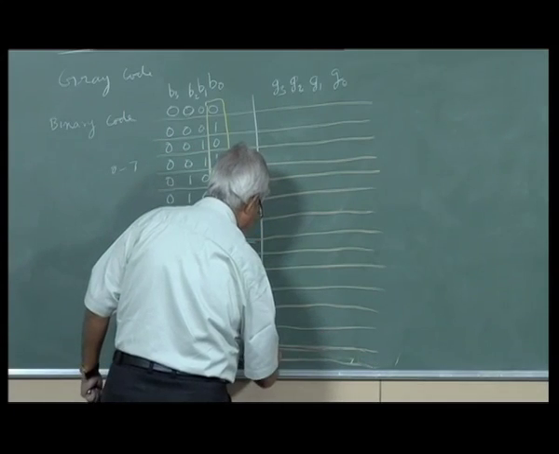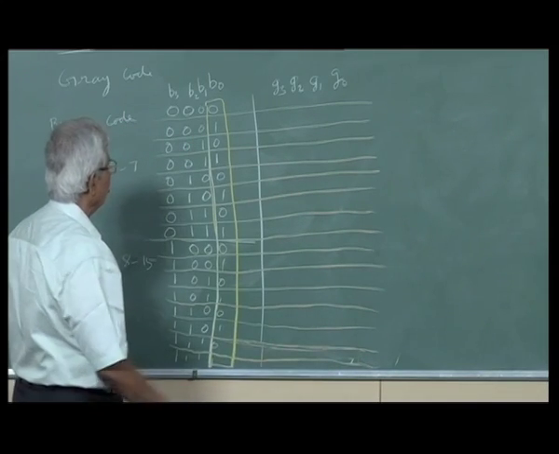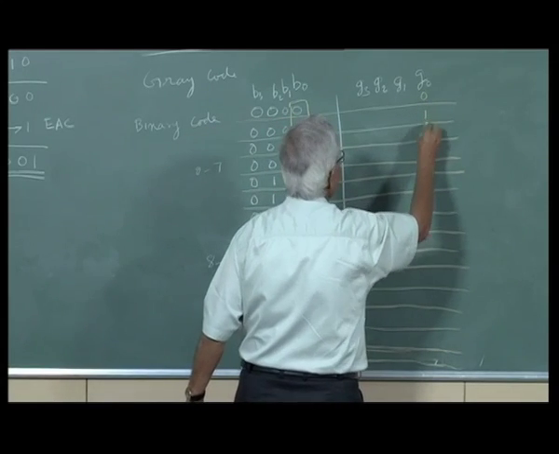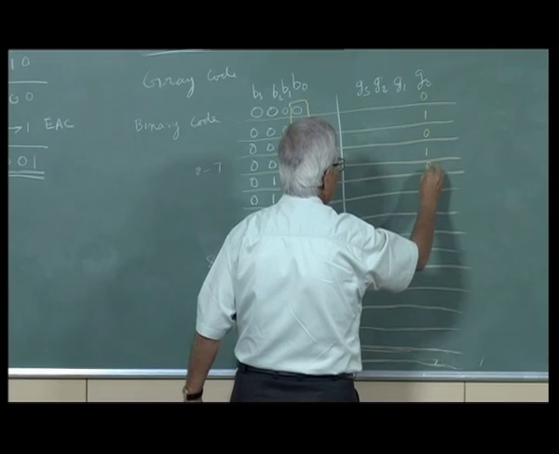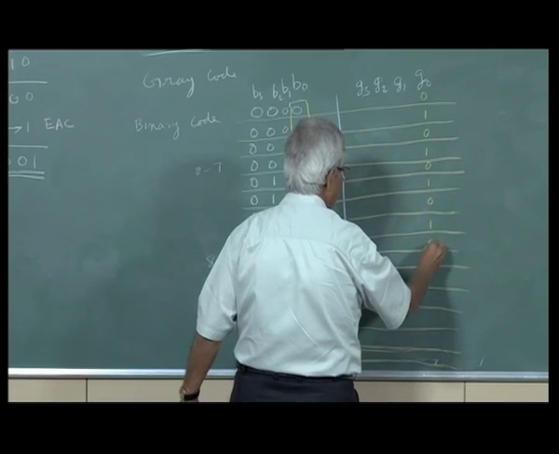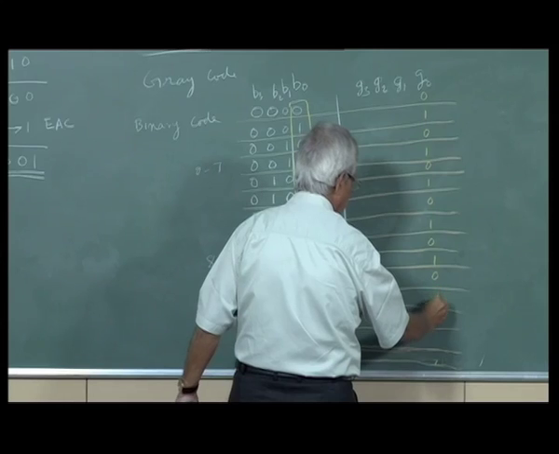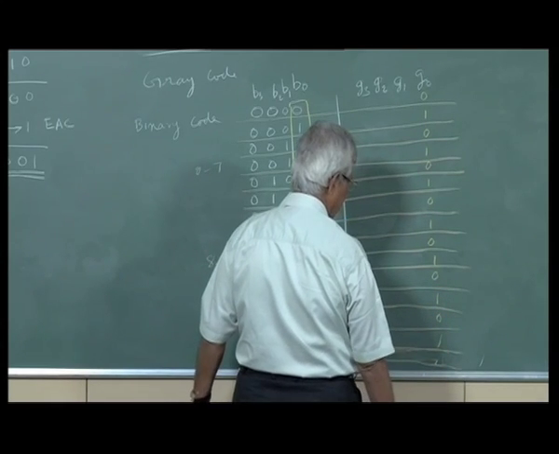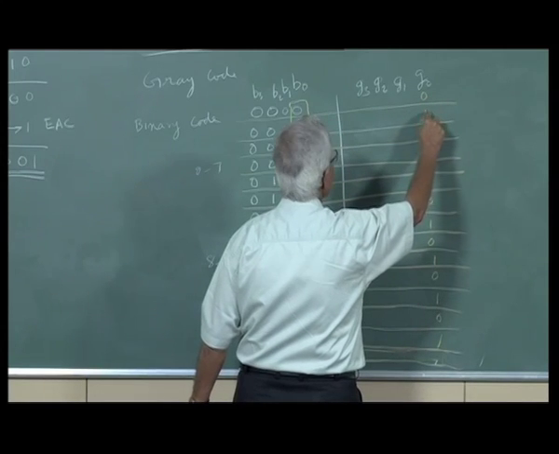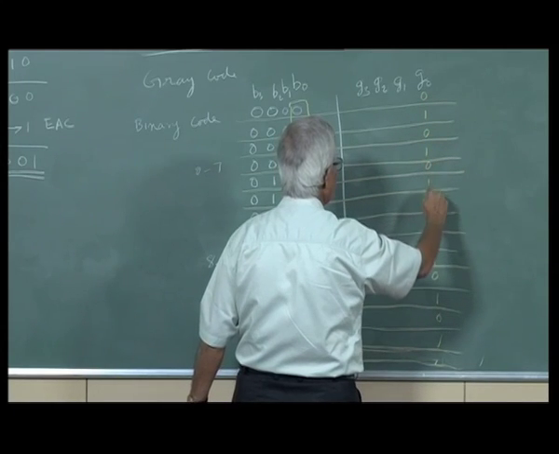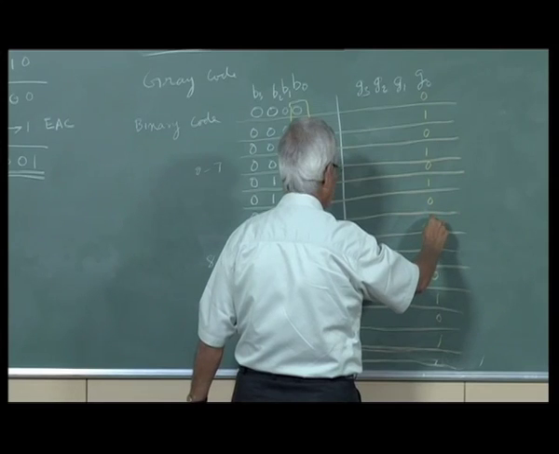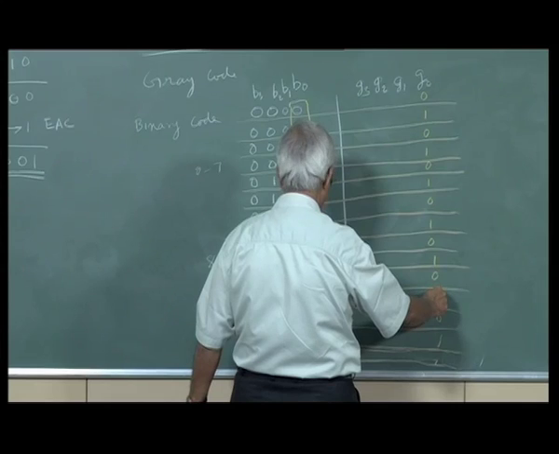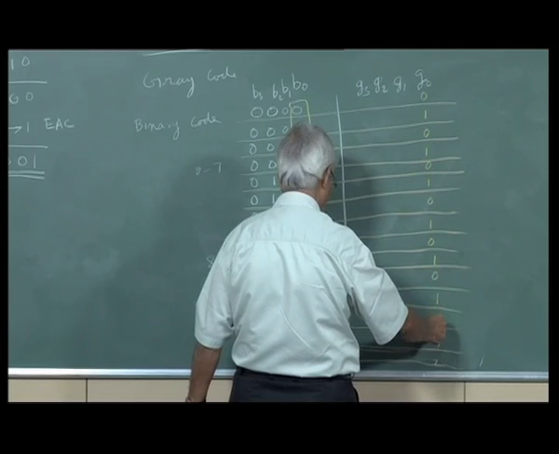I used to draw very straight lines. Okay, now 0, 1, copy this. One is missing somewhere. 1, 0, 1, 0, 1, 0, 1, 0, 1, then 0, 1, 0, 1, 0, 1.